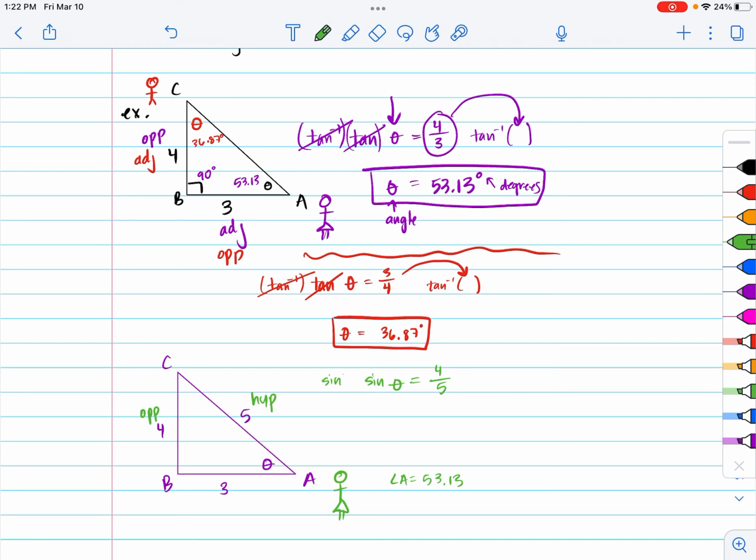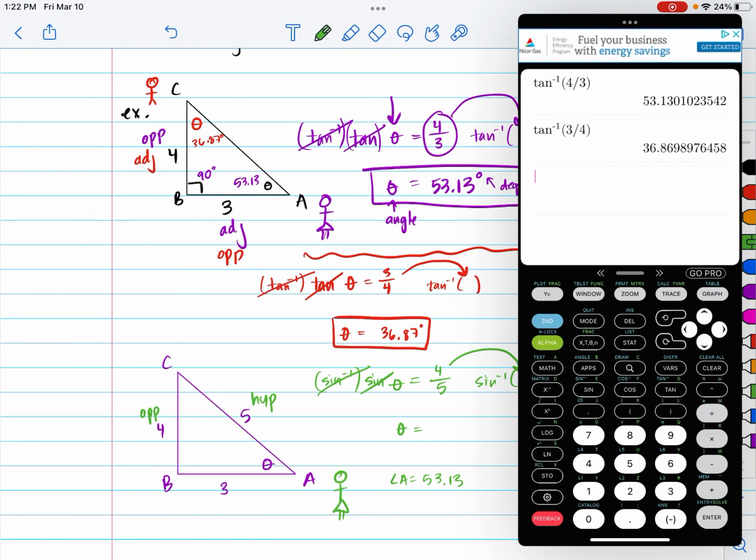So we do inverse sine to both sides to get the theta by itself. Inverse sine to the right side. Take the 4/5, bring it inside the parentheses, and we should get theta is equal to, and let's show you the math for this.